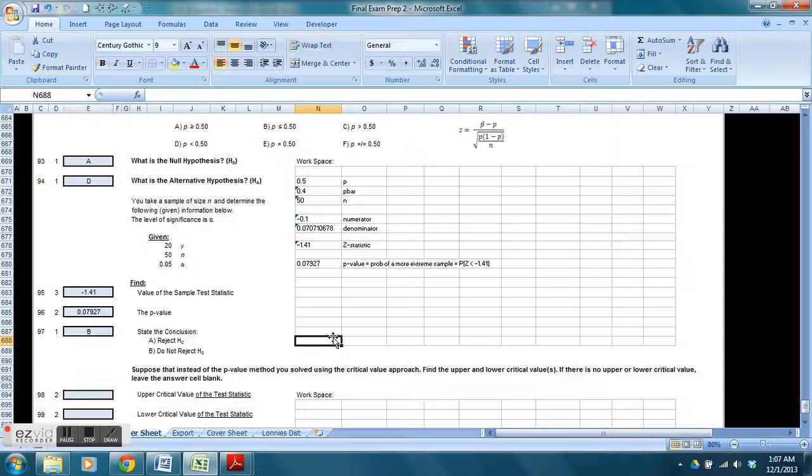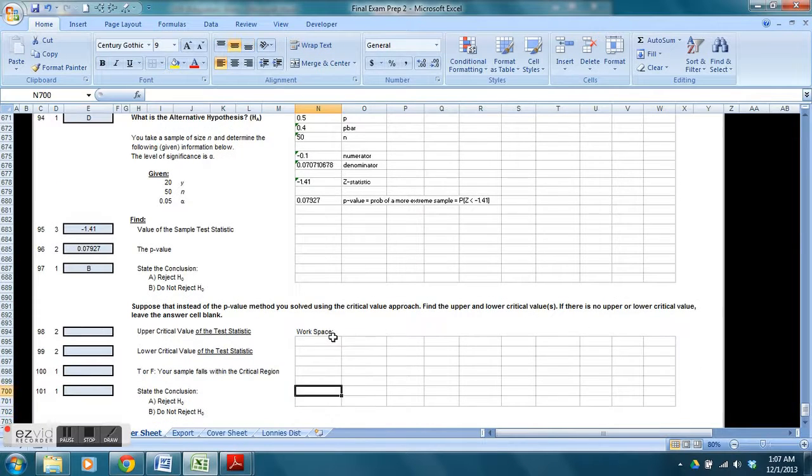And that's our conclusion. And if we were doing the critical value method, we would look at what our level of significance is, which is alpha. Right here, this is alpha, or the level of significance, that's 0.05.